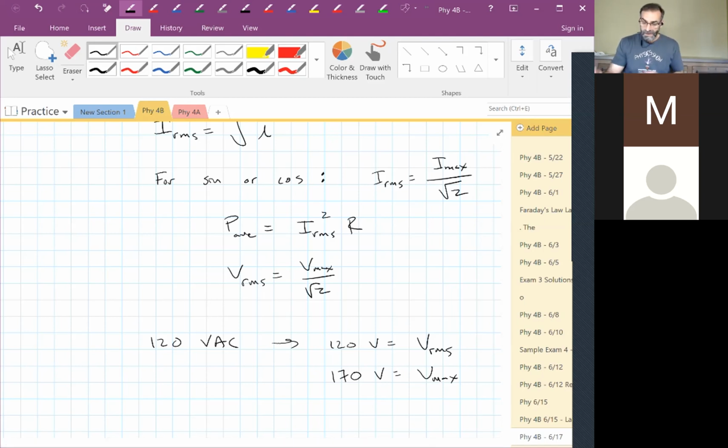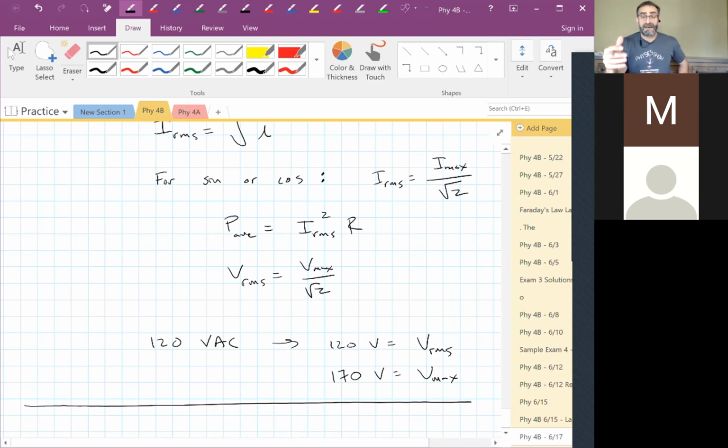Okay, so now you know how the DMM works. When you use it for AC, it's a way of averaging a signal that would normally give you an average of 0 because it goes positive and negative. Sine and cosine functions spend half their time positive, half their time negative.